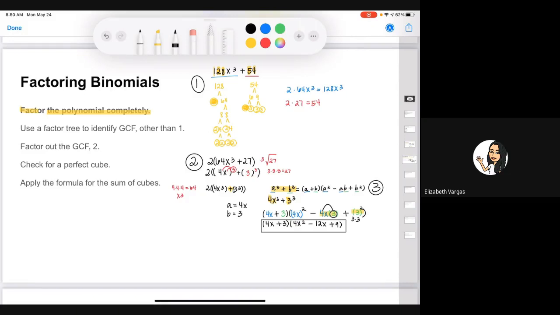So here, what we actually did is we went from this expression to this expression by completing 3 different steps for factoring polynomials. Questions?